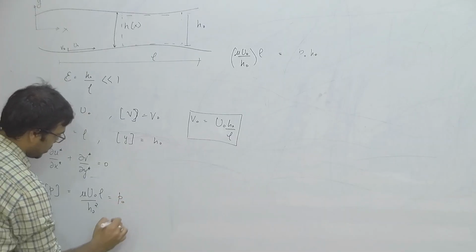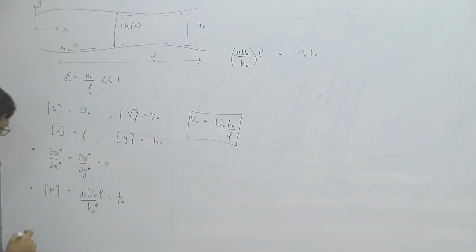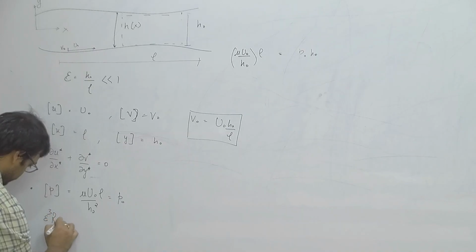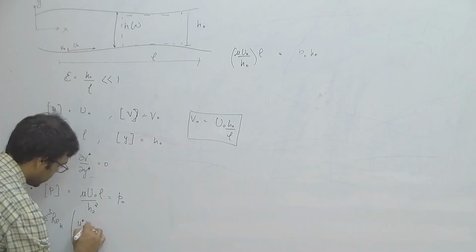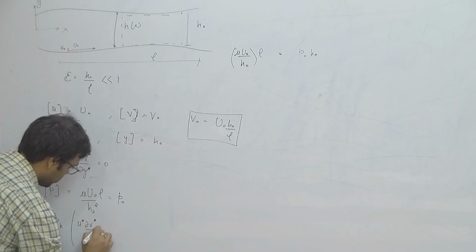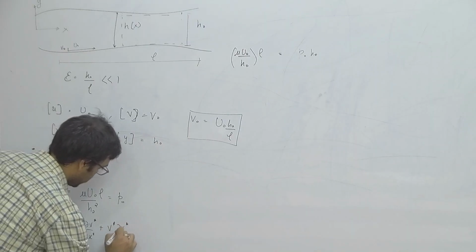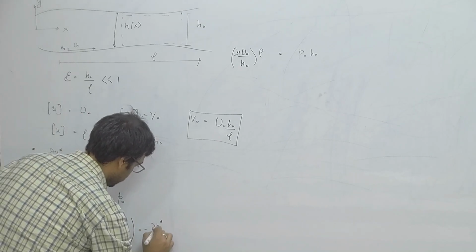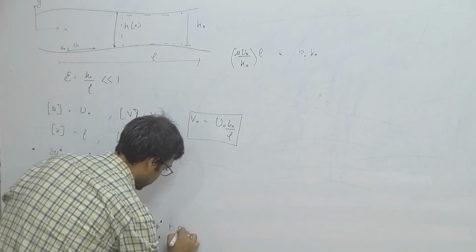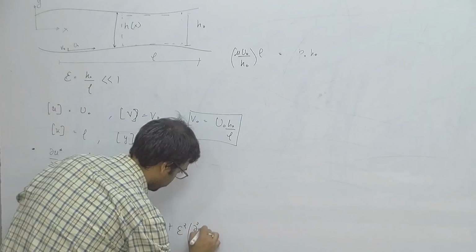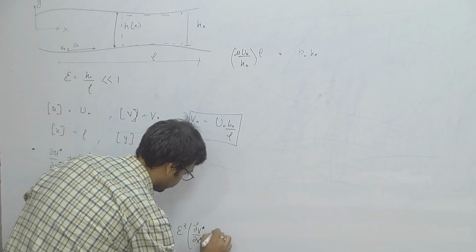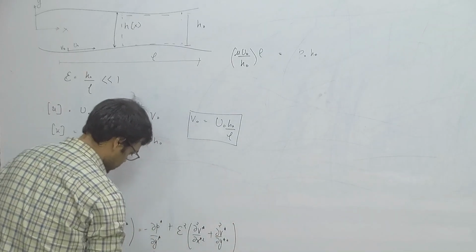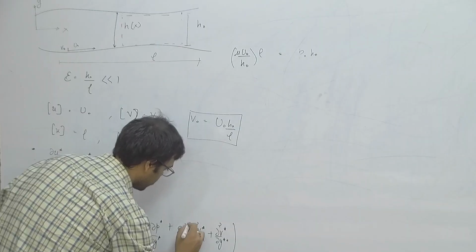So, this is our P naught, or the pressure scale, and once we had written this, we had written the dimensionless y momentum equation, which was epsilon cube times R E H u star del v star over del x star plus v star del v star over del y star equals minus del p star over del y star plus epsilon square del 2 v star, and there was another epsilon square here.